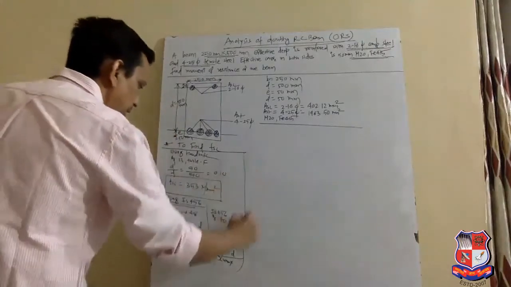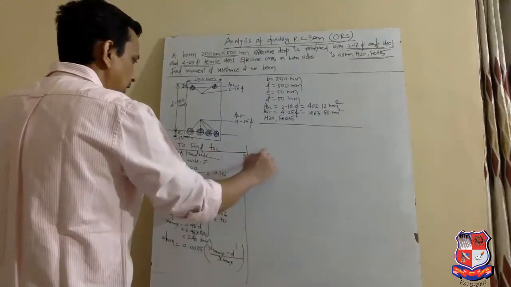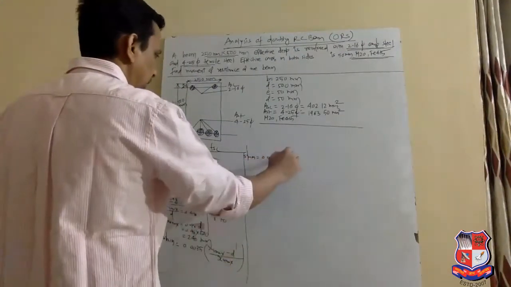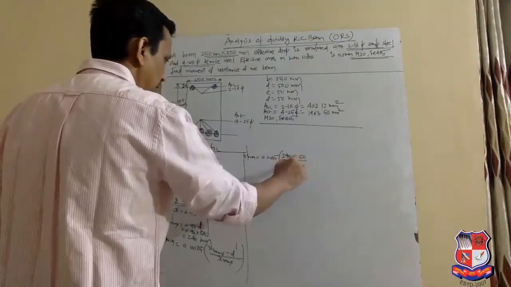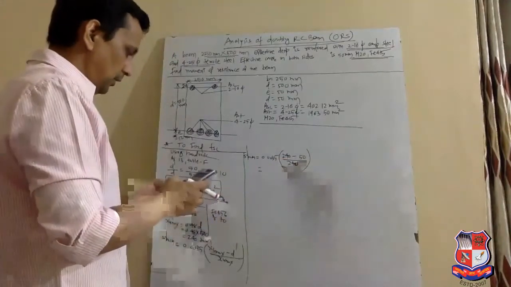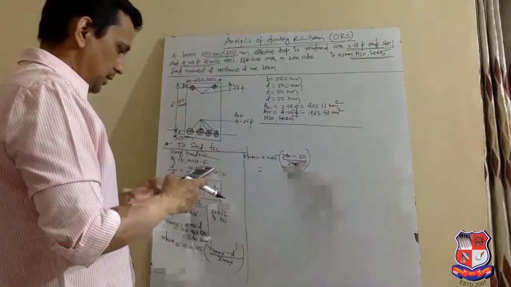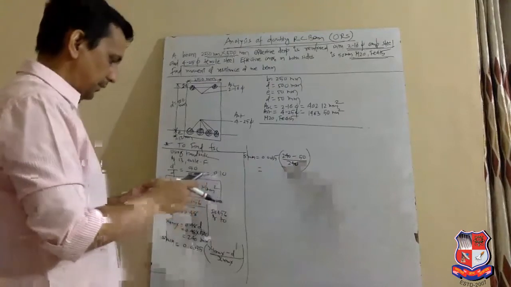When we put the value, Xu max is 240 minus d dash is 50, 240 minus 50 divided by 240 into 0.0035.